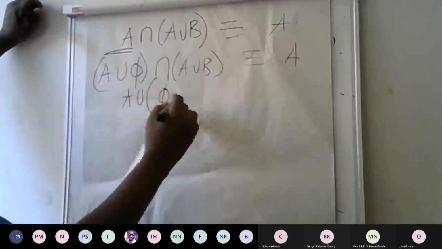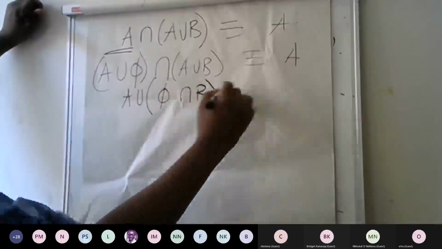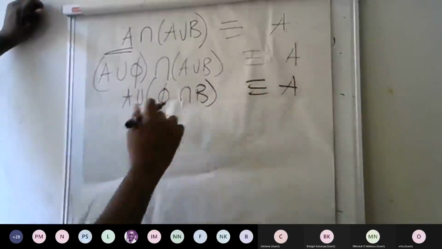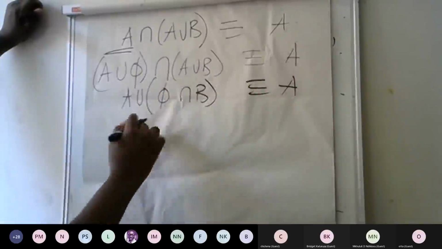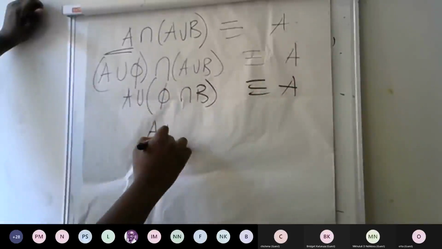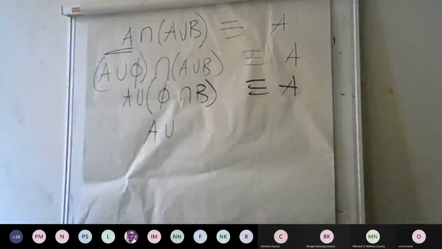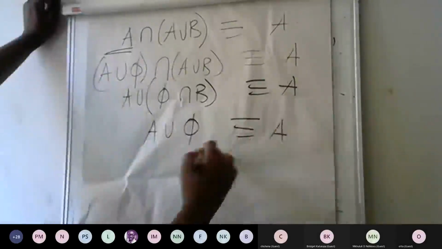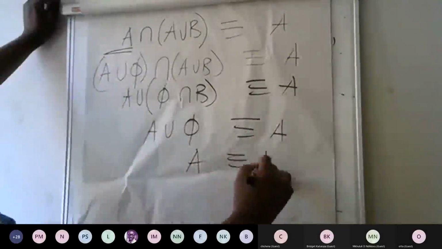Then I have the empty set intersection B should be equivalent to A. Then I know that A union the intersection of B and the empty set is the empty set, which is equivalent to A there.